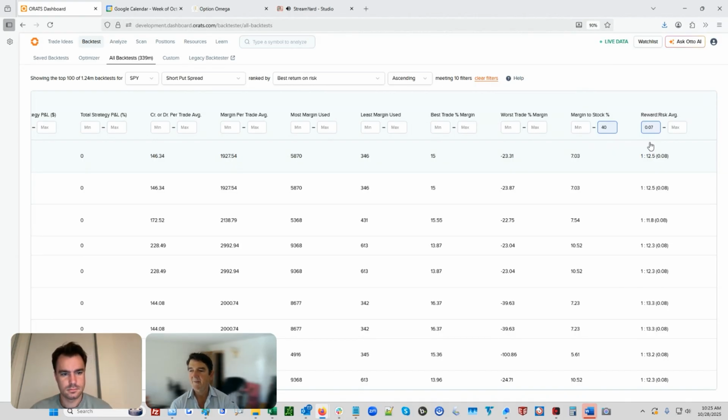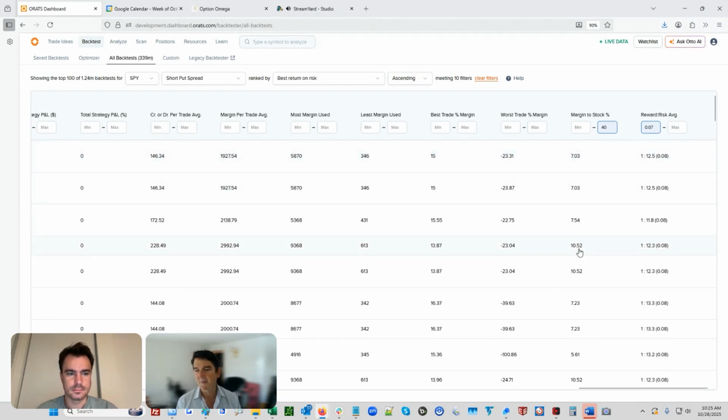I want my worst to be 0.07, which is like 12, 13, 14 to 1 is the worst I want to do. Meaning, if you have max loss, what's that divided by what you gain? And then what the margin is, what that margin percentage is. I could set what that percentage divided by the stock is as well.